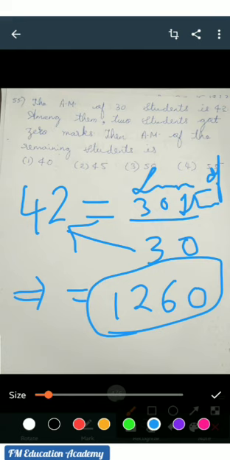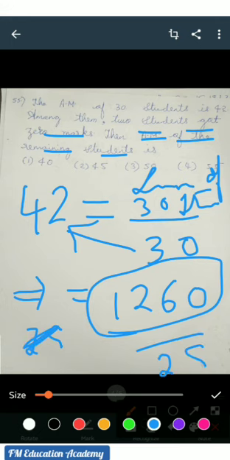Now it is telling here that 2 students got 0 marks. If 2 students got 0 marks, then how many students will be there? There will be 28 students. And it is asking us what is the arithmetic mean of the 28 students. So the arithmetic mean of 28 students will be equal to the sum divided by 28.